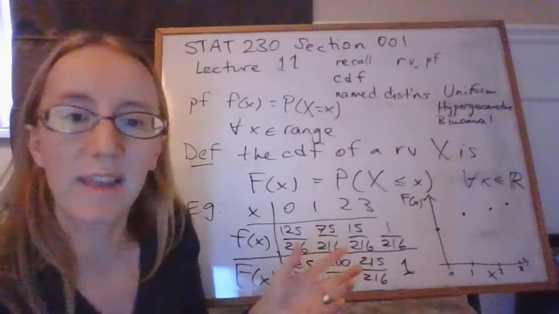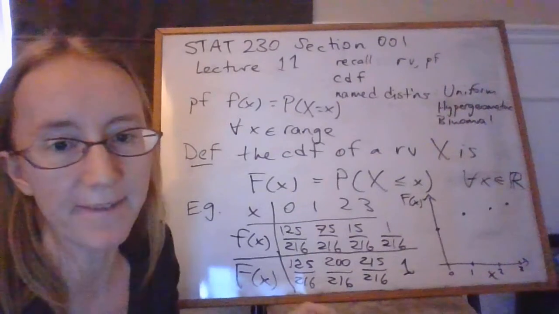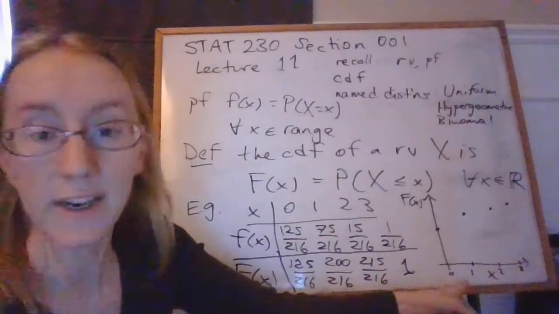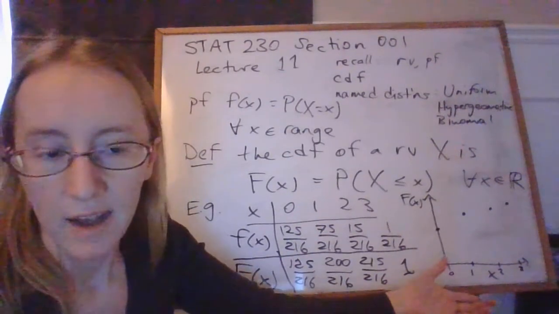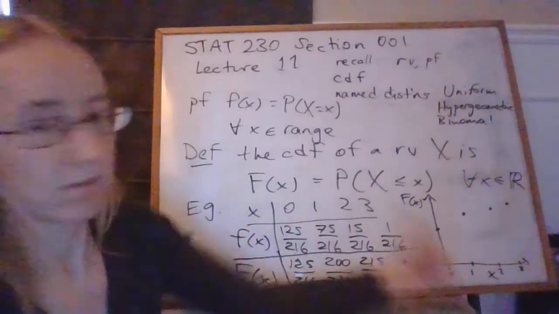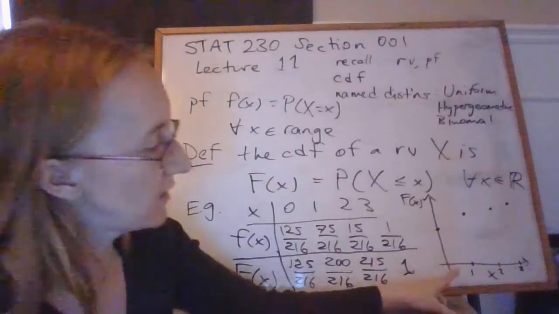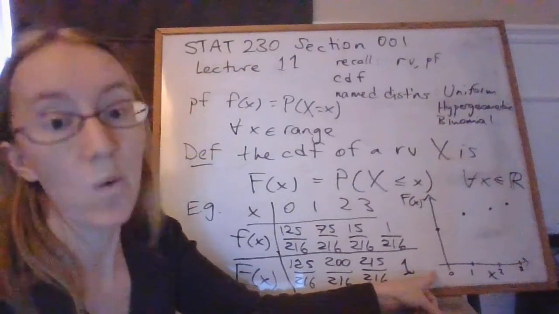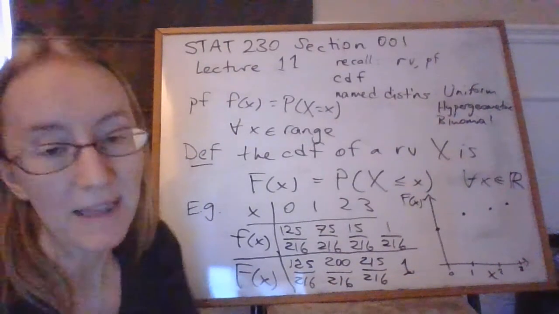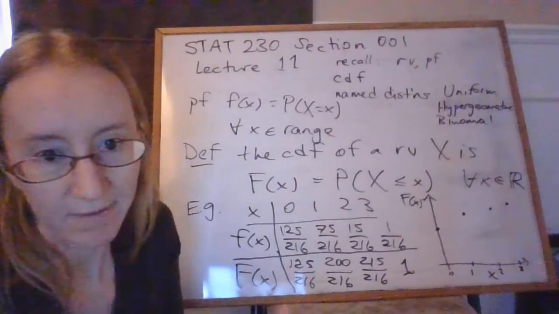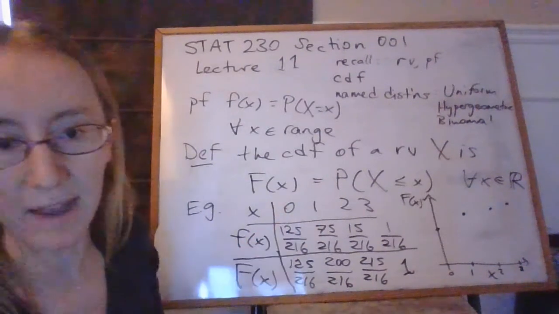So what we have to do is think about what value will big F of x take when x is not an integer. It's kind of interesting. First of all, we can think about what happens when x is negative. If x is negative, there's no way that the random variable is going to be less than or equal to something negative, because this variable, the lowest possible value, is 0.